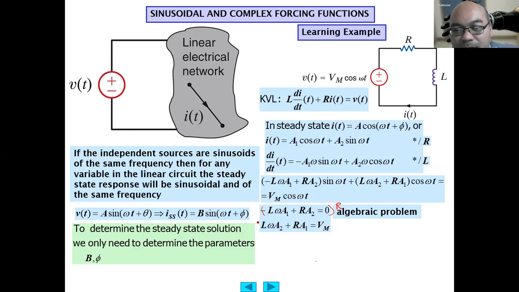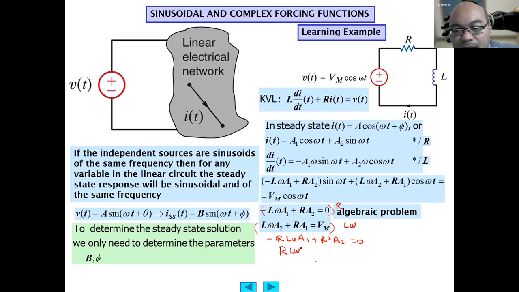And this one we can multiply by L omega. Okay, so we will obtain minus L minus R L omega A1 plus R square A2 equals to 0. So we change this one into A1 into the left side.